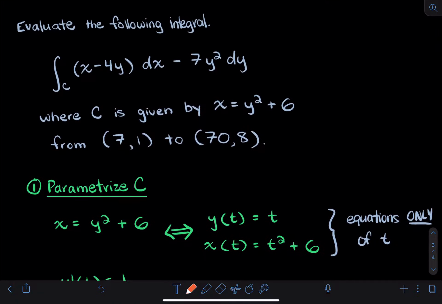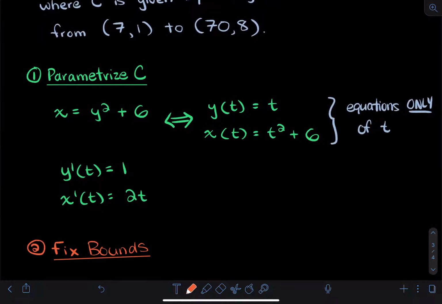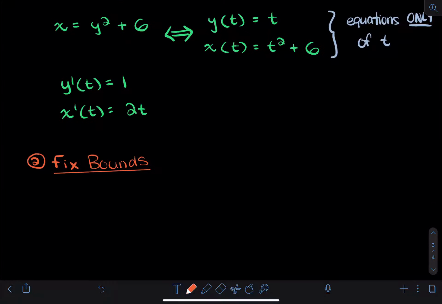So in the question, if we go back here, we want to integrate the line integral over C from (7, 1) to (70, 8). Now in truth, because we're given the equation, we didn't need all of these points. We could have just been given the x bounds or the y bounds.